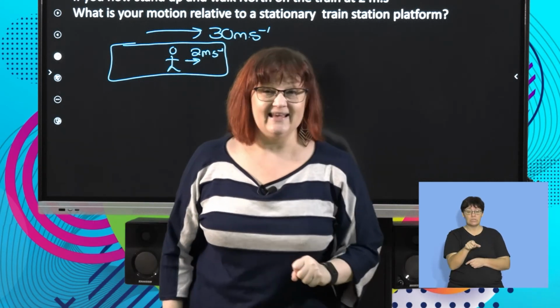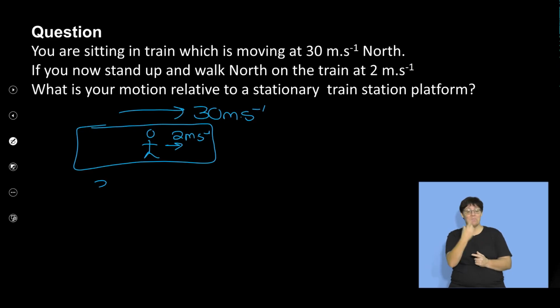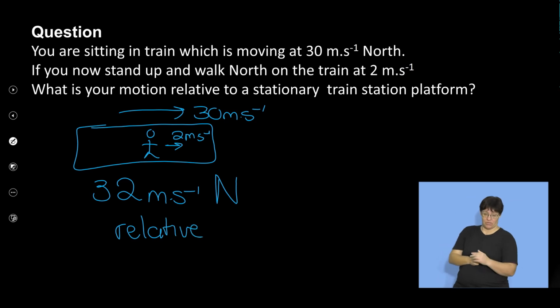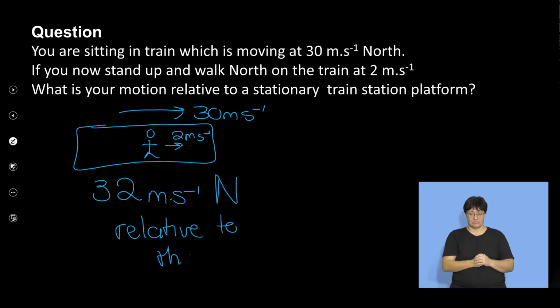That person is actually going faster than 30. The person's going to be going 32 meters per second north. Remember, that's relative to the platform now, okay?